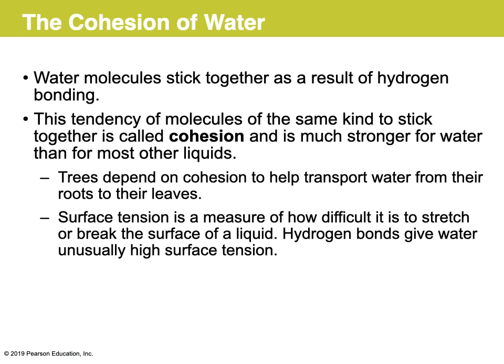Now, again, water molecules stick together because of hydrogen bonding. That tendency of molecules of the same kind to stick together is called cohesion. Right? So co meaning same, hesion referring to attaching. So similar things attaching to each other, we call this cohesion. And it's much stronger for water than most other liquids because of those hydrogen bonds.